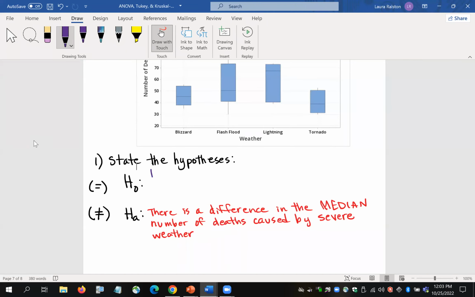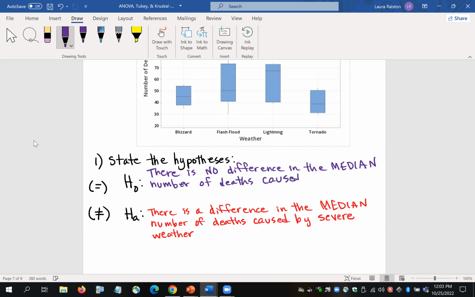So our null, which is the exact opposite, would be there is no difference in the median number of deaths caused by severe weather. Now we kind of already know there is a difference because we looked at the medians, but the question is, is it statistically significant?